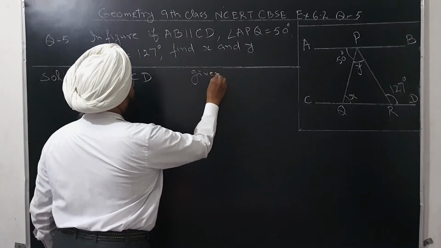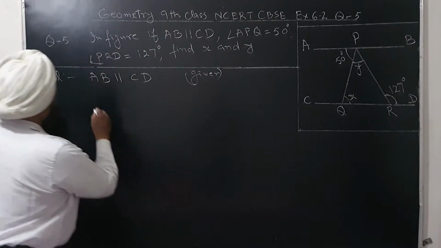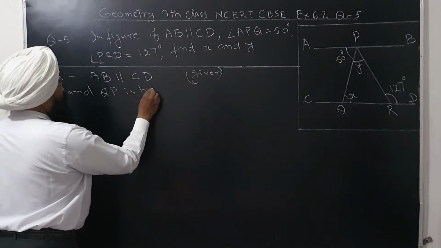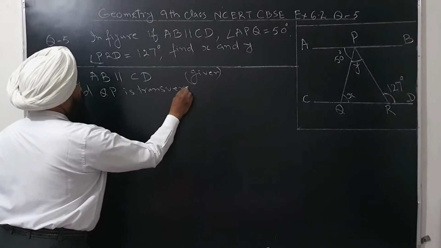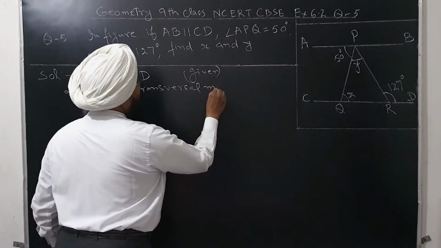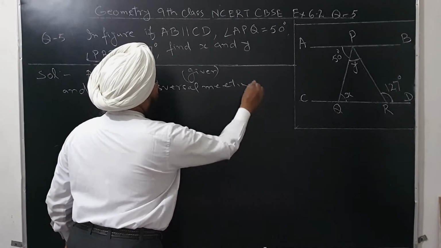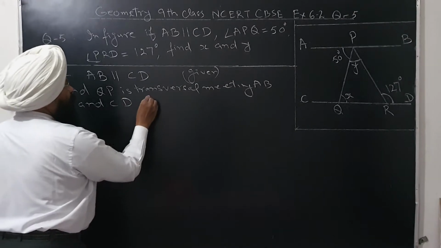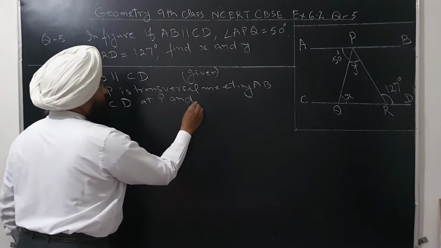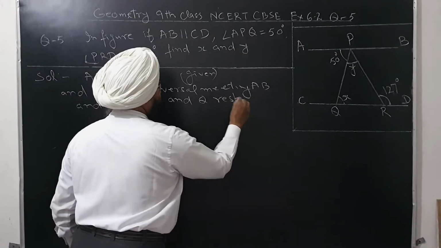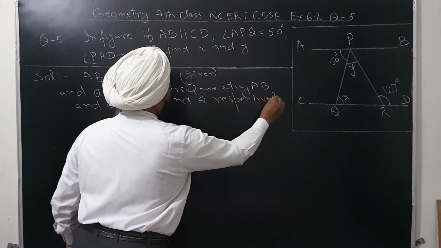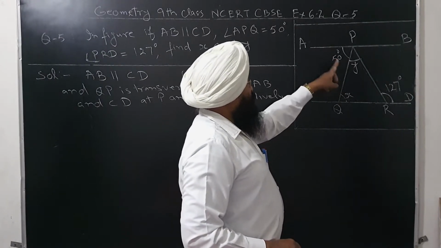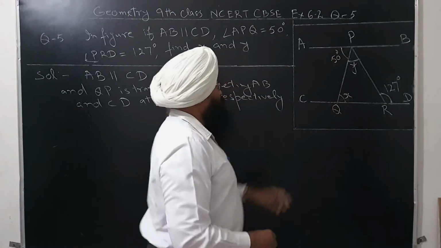It is given, and QP is transversal, meeting AB and CD at P and Q respectively. Hence, this angle is equal to this angle, alternate angles.